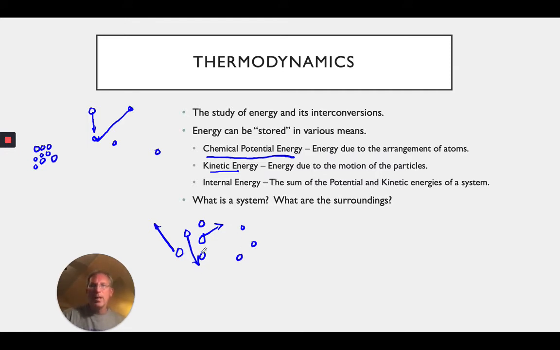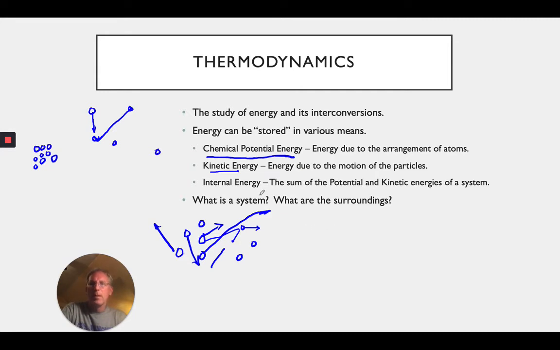When this atom comes in screaming fast and hits the other one, we get a collision, and it's going to transfer some of the energy from this particle to that particle. And so the first particle will bounce off, losing a little bit of speed, and this particle is going to gain a little bit of speed. So that transfer of kinetic energy is another way that systems of particles can move energy from one particle to another.